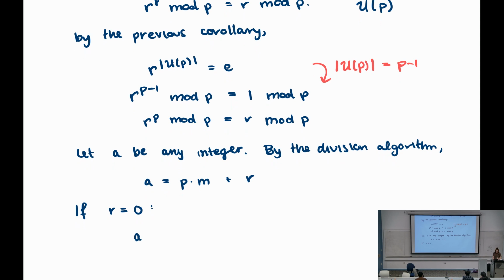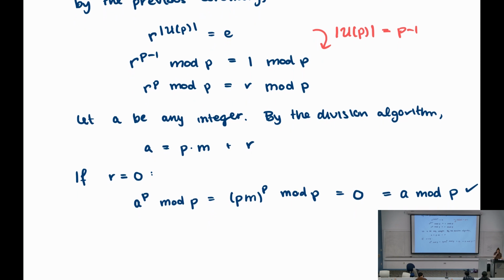So I have a to the p mod p, which, just substituting in with my division algorithm, is (pm) to the p mod p, which is equal to 0 because everything here is a multiple of p. And 0 is also equal to a mod p because I'm in the case r equals 0. So in this case, it works.